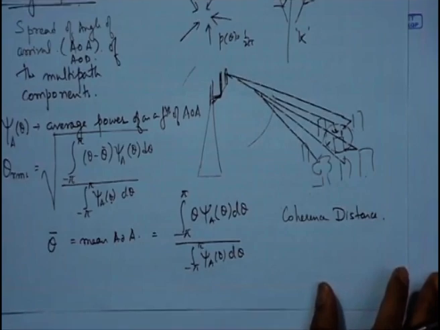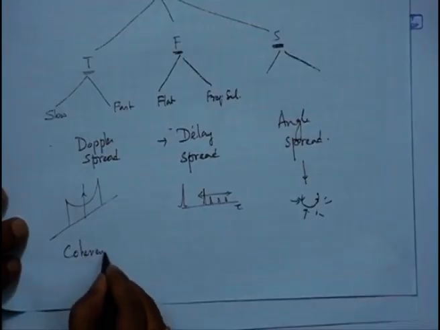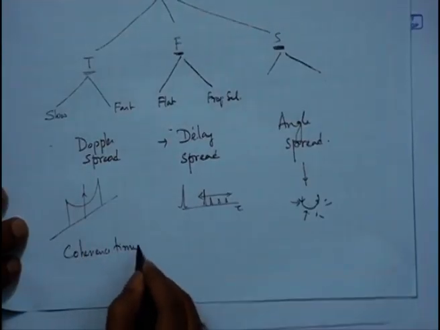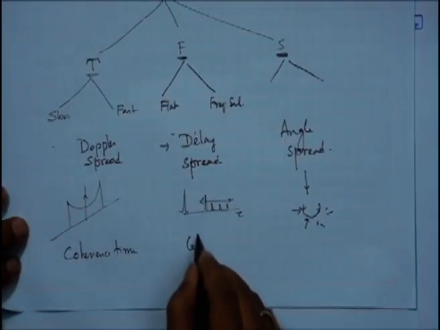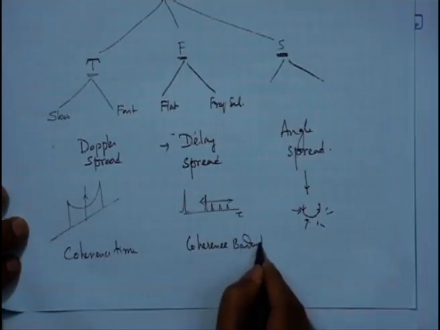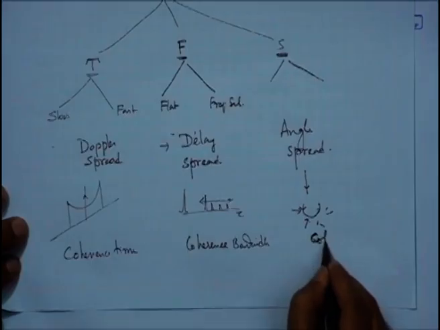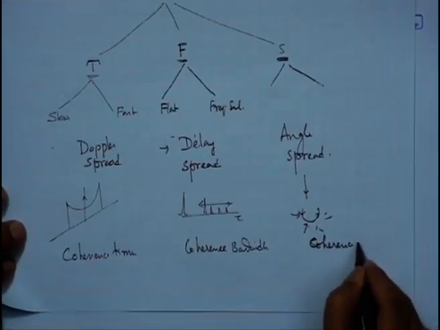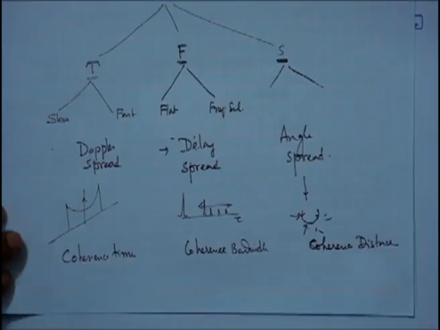See, again if we go here, we had coherence time in the time analysis, we had coherence bandwidth in the frequency analysis, and here we have coherence distance in this space analysis.